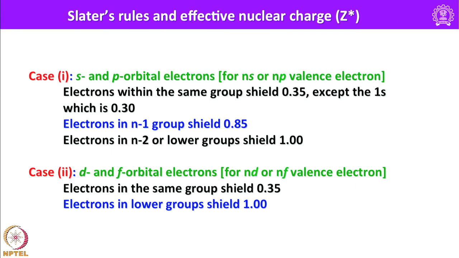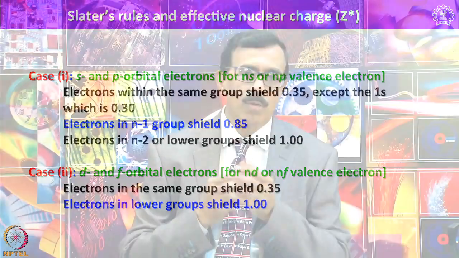In case 2, we are determining the screening constant for D and F electrons. So, here electrons in the same group shield to an extent of 0.35. This is very similar to what we mentioned about S and P, and electrons in lower groups shield to an extent of 1.